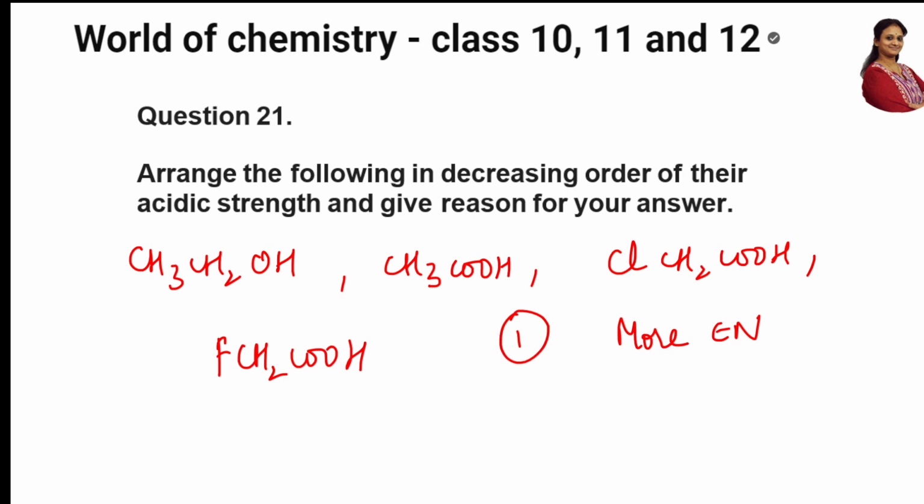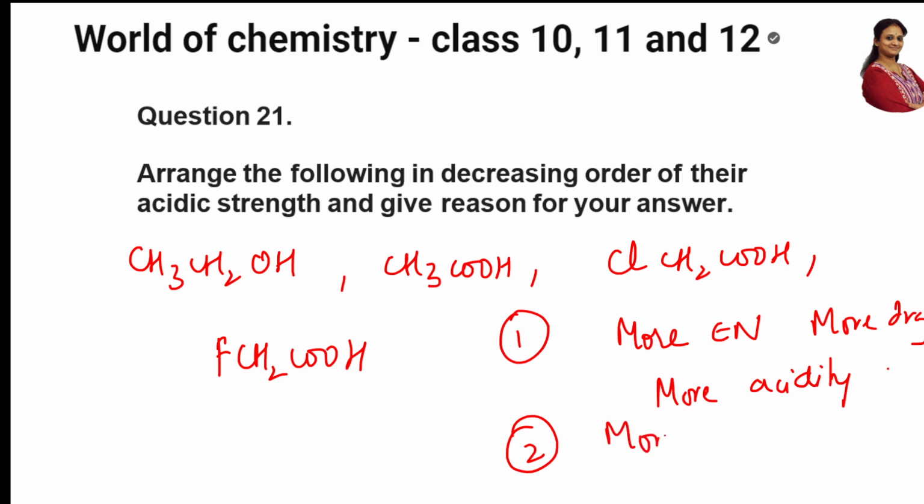More electronegative atom means more drag, so more acidity. It will break the bond and release the proton. Second important thing: if more electron releasing groups are there, acidity decreases, because the electron density already is more.